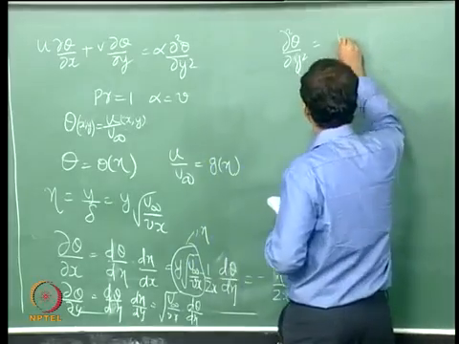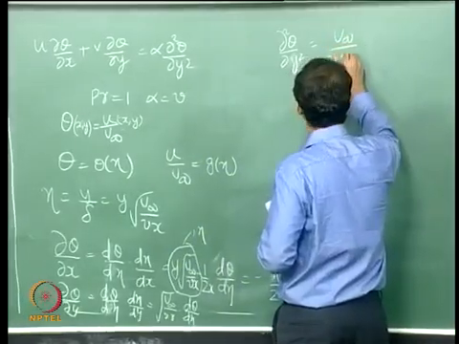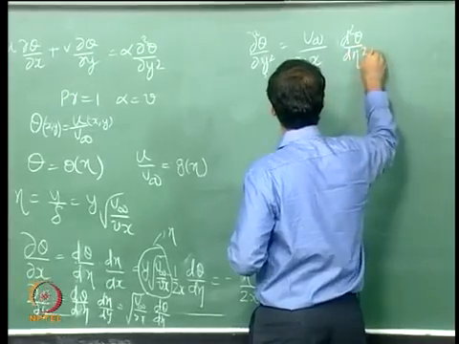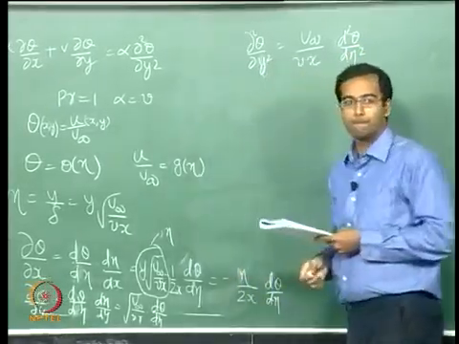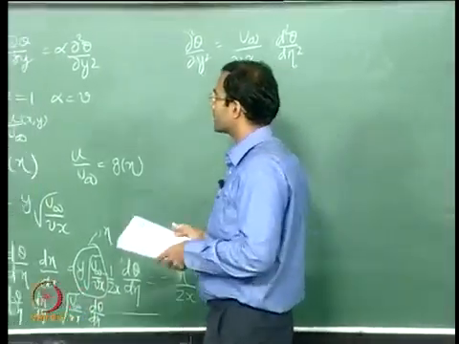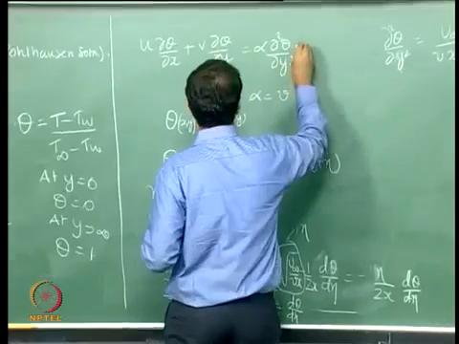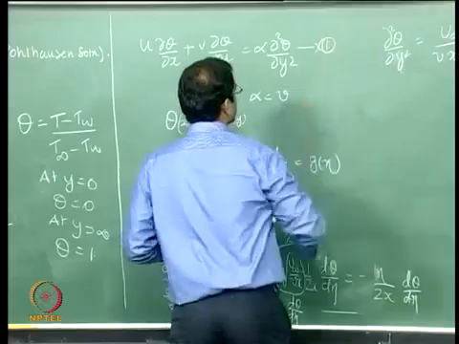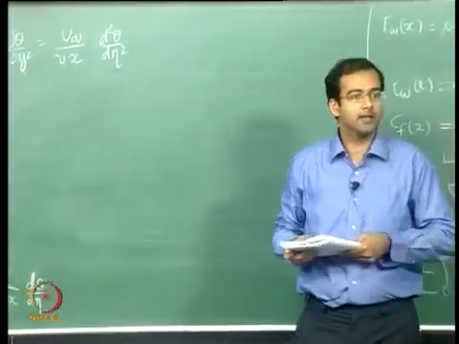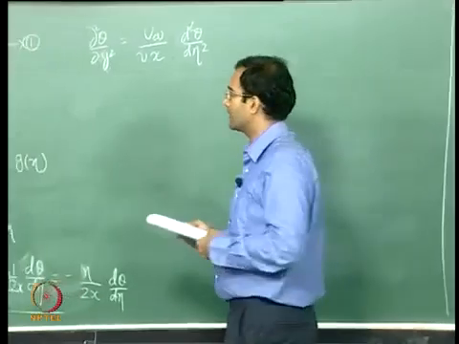That will be u infinity by nu x into d square theta by d eta square. So all this can be substituted; let us call this equation number 1. You already know expressions for u and v, the similarity expressions which you had derived before.